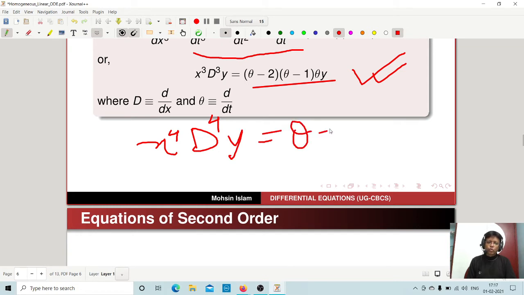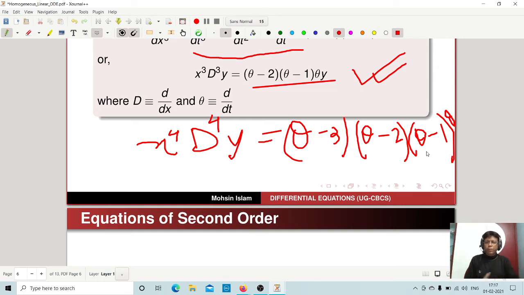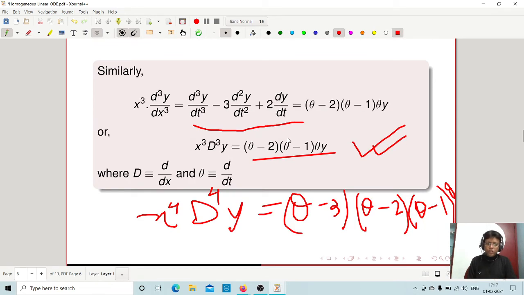You have to start from theta minus 3, so your factors will be theta minus 3, theta minus 2, theta minus 1 times theta, into y. The process goes on. This is how you can take advantage of this calculation. A new operator theta has been introduced.